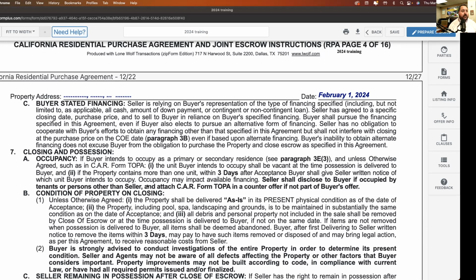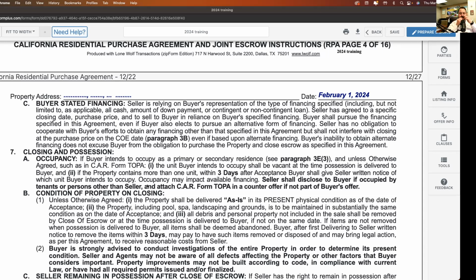Buyers shall pursue the financing specified in this agreement even if buyer also elects to pursue an alternative form of financing. Seller has no obligation to cooperate with the buyer's efforts to obtain any financing other than that specified in the agreement, but shall not interfere with closing at the purchase price on the close of escrow date, even if based upon alternate financing. Buyer's inability to obtain alternate financing does not excuse buyer from the obligation to purchase the property and close escrow as specified in this agreement.